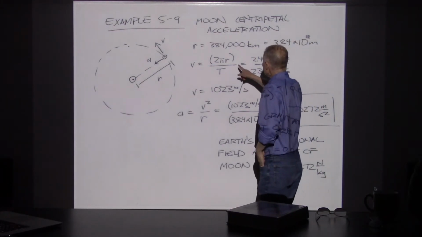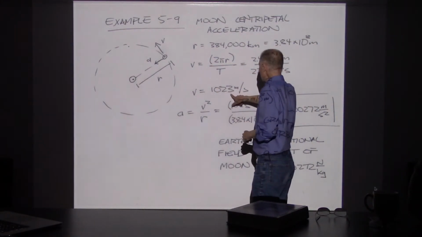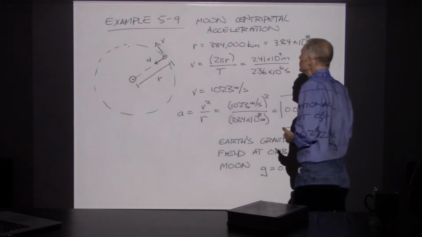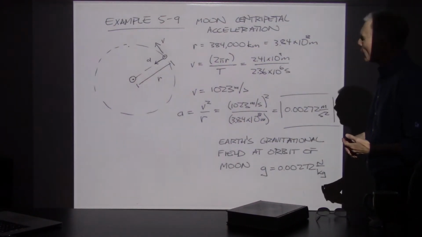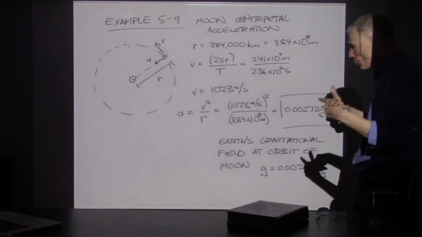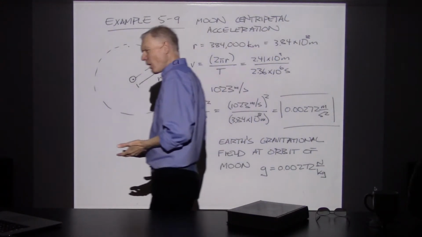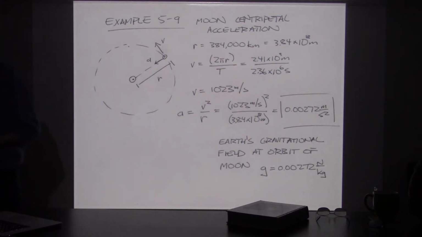So the velocity that we come up with, and these are kind of fun numbers to think about, the Moon's orbital velocity around the Earth is 1,023 meters per second. That's pretty fast. If we use those conversions that we did back in chapter 1, that's going to be like, what, 2,300 miles an hour for the Moon's orbital speed.